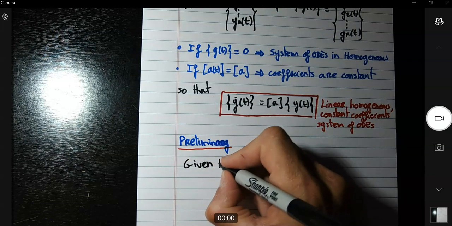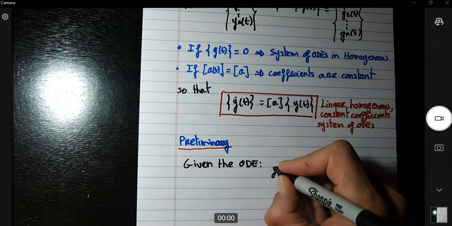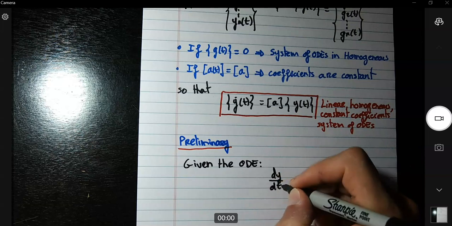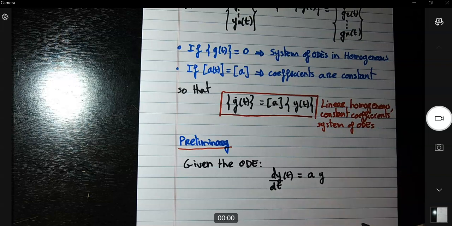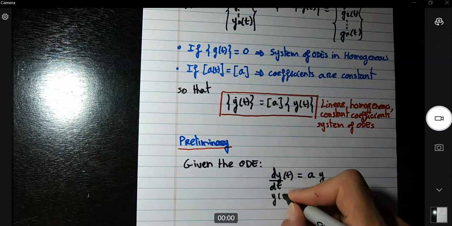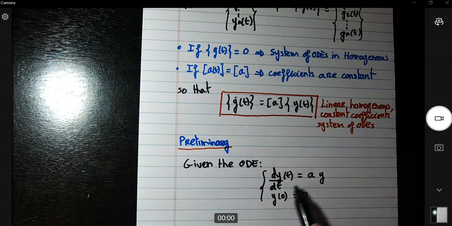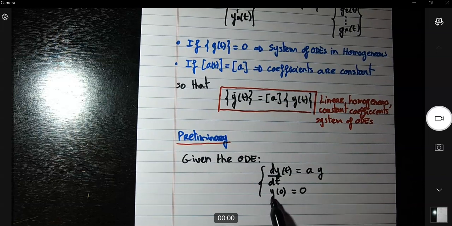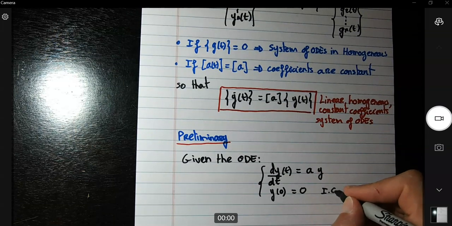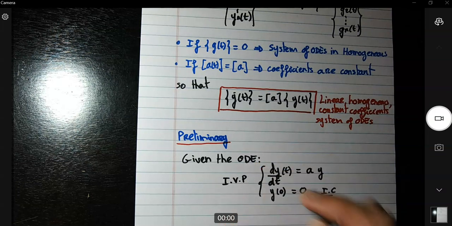Given the ODE dy/dt of t equal ay, and y of 0 equal to 0. This ordinary differential equation is linear, homogeneous, and of the first order. And we have this initial condition y of 0 equal to 0, so this becomes an initial value problem.